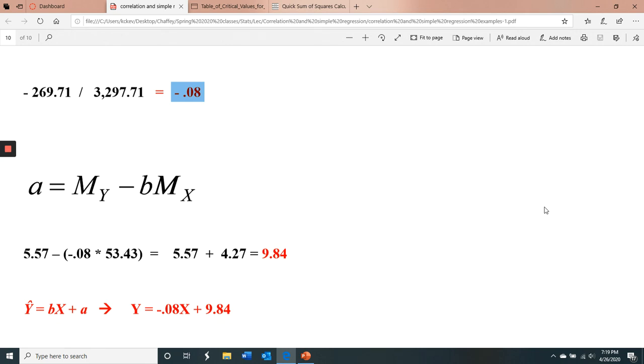So here, if you change the narcissism score from, let's say, 90 to 91, going 1 score higher on narcissism would lead to a reduction of 0.08 in your empathy scores.